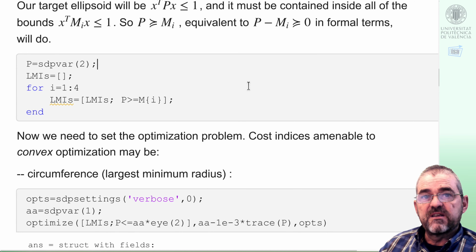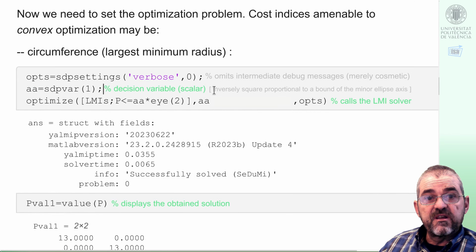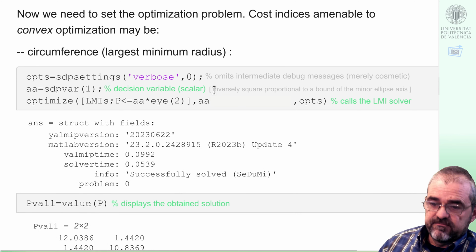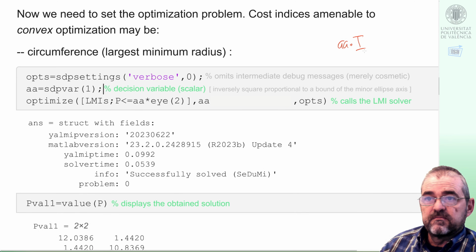So we'll stick to convex optimization, which is fast and has a single global minimum we are guaranteed to find to a given tolerance.